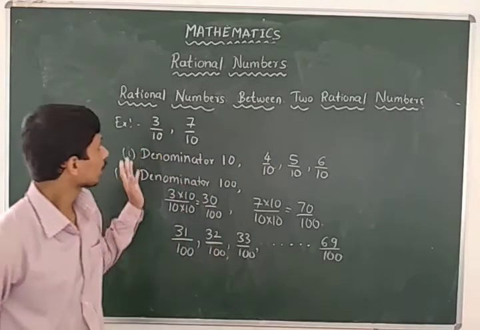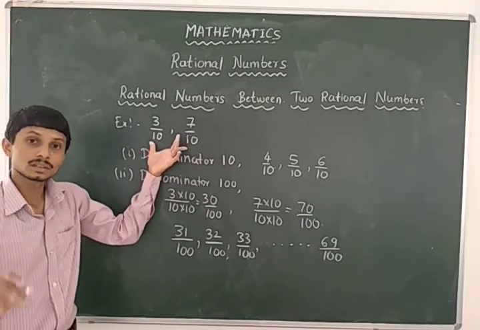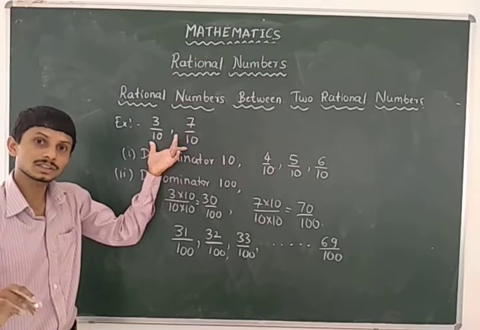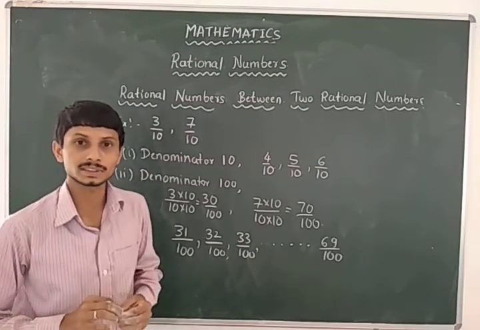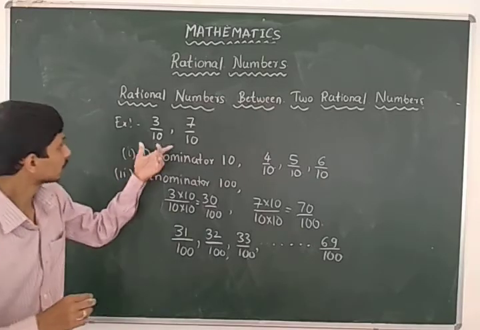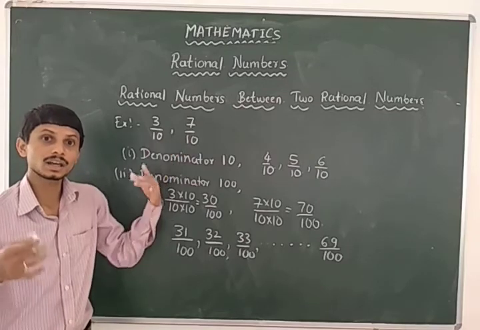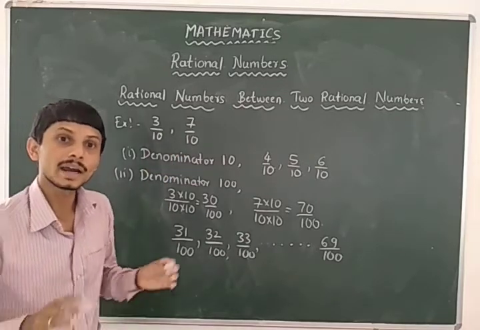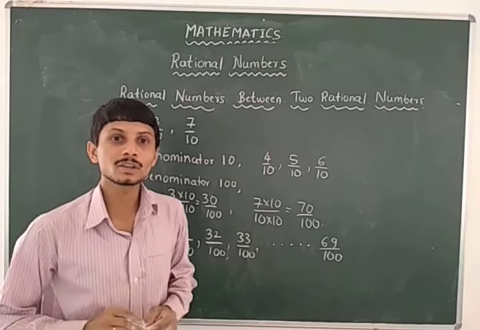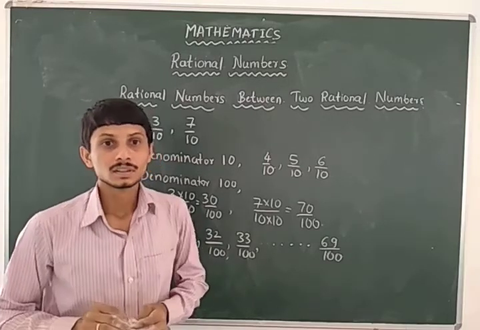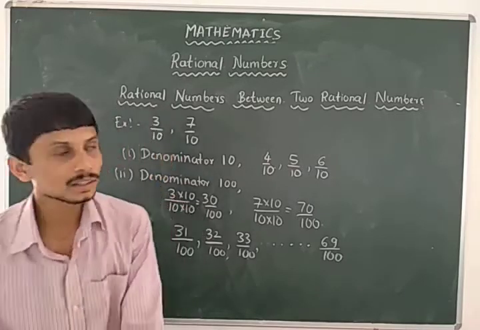When we consider the denominator as 1000, again there are many rational numbers, and when we consider 10,000, again there are many more. So we consider the denominator and find the rational numbers just by equalizing those denominators. Let us take some other examples.